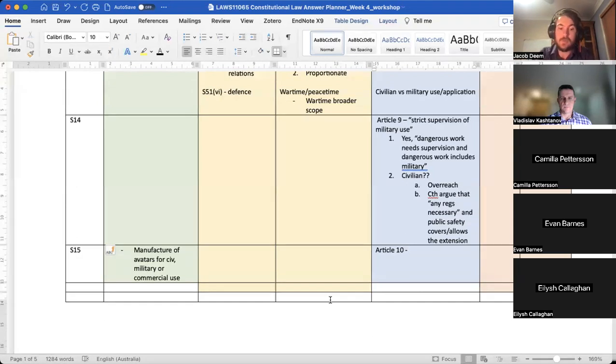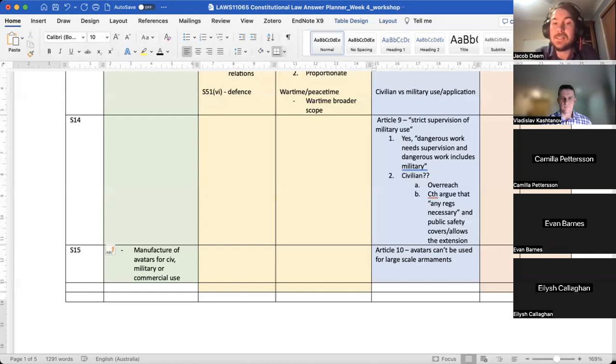Yep. So there's this inconsistency in that section 15 tries to set up manufacture of these avatars for military use, and Article 10 says if we're engaging in large scale military armaments and operations and things of that ilk, avatars can't be in that sphere.